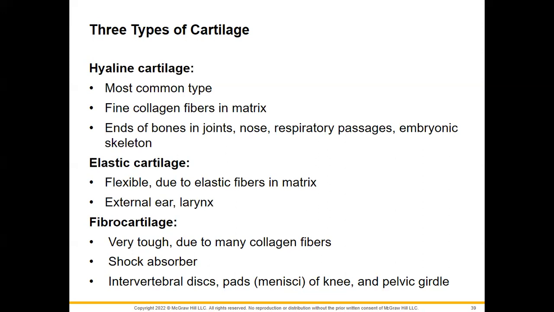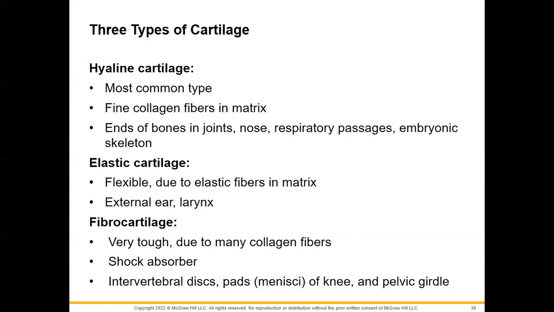So the skeleton, as it is being built in embryos before they are born, their skeletons are made up of hyaline cartilage. And eventually, after birth, that cartilage starts to turn to bone. But before then, it is made of hyaline cartilage.